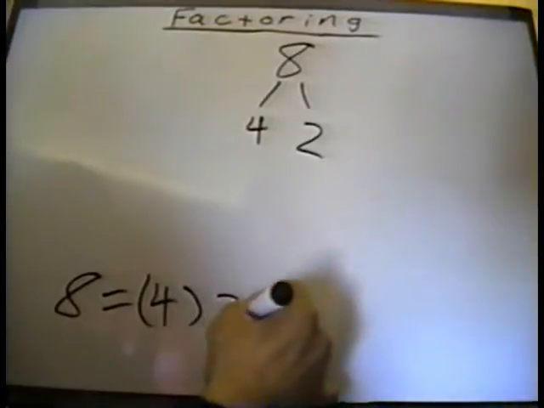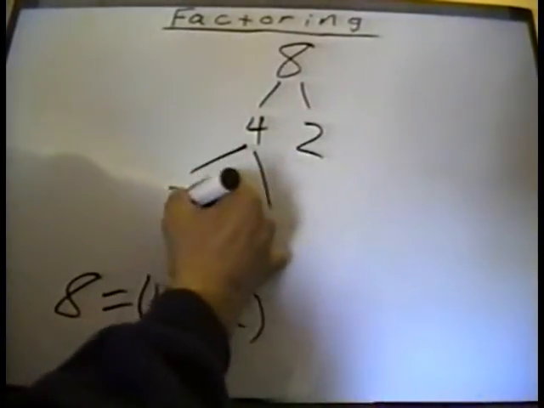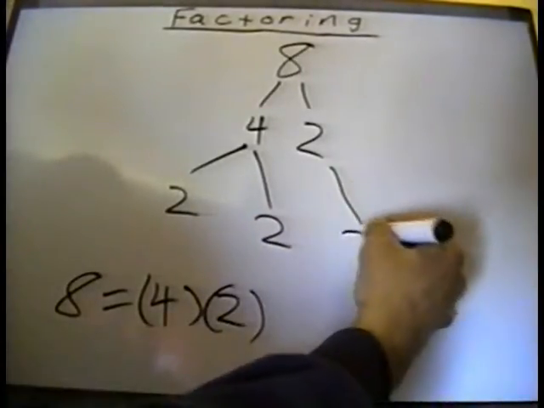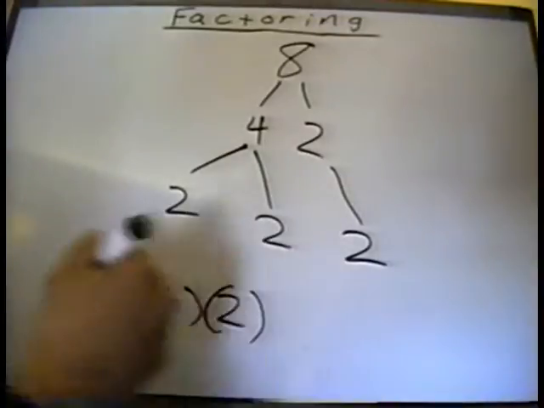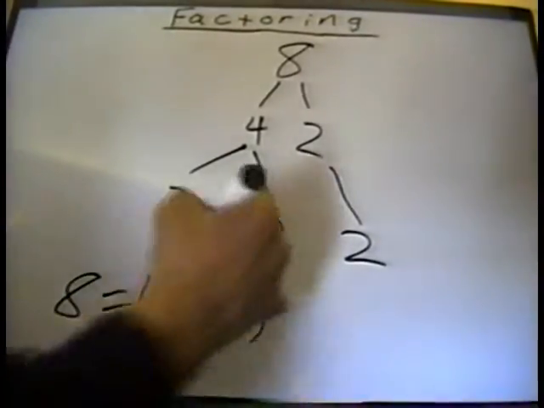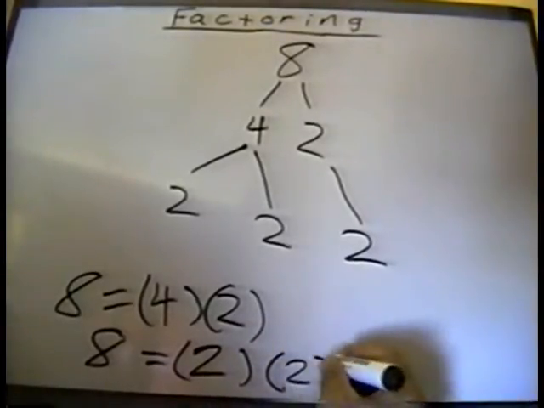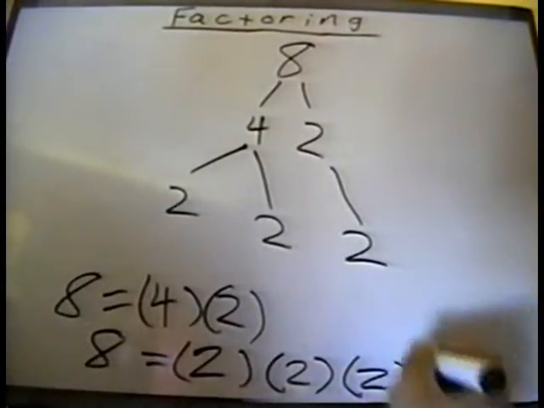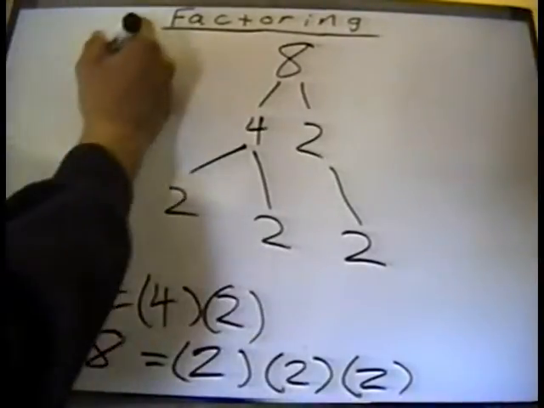So we say 8 is equal to 4 by 2. Now 4 we know is equal to 2 by 2. So 8 is also equal to 2 by 2 by 2, 3 factors of 2.